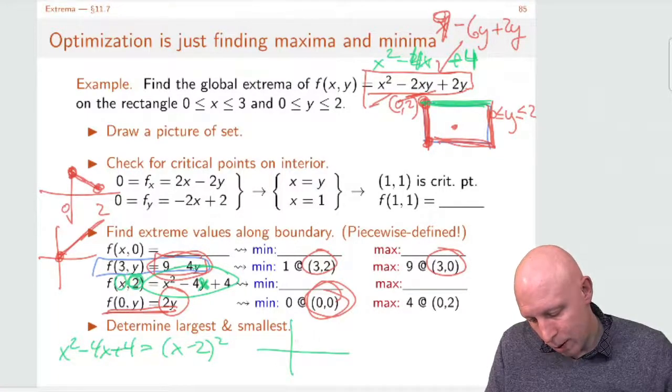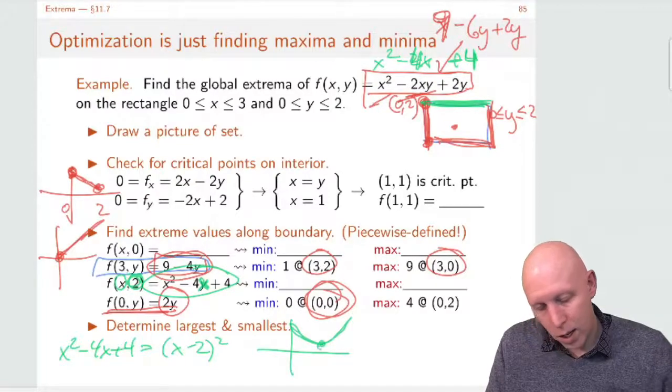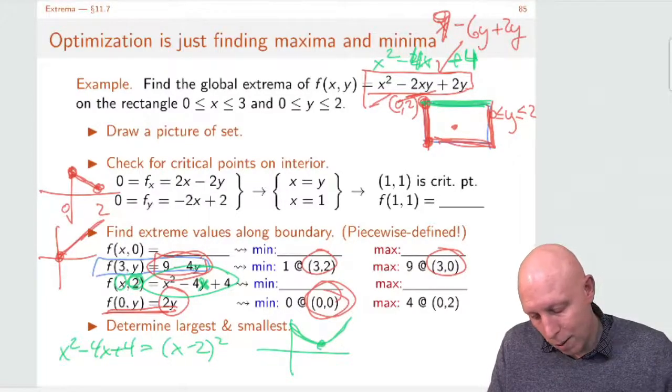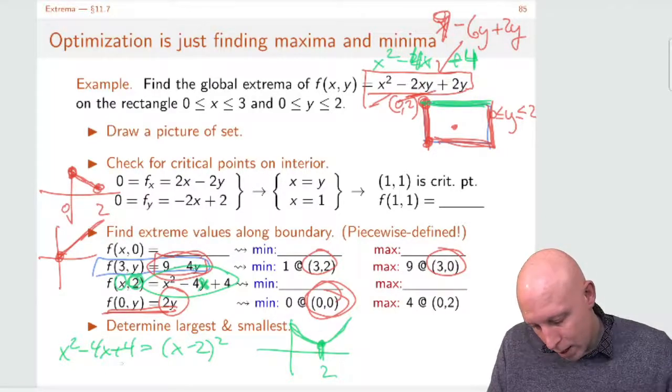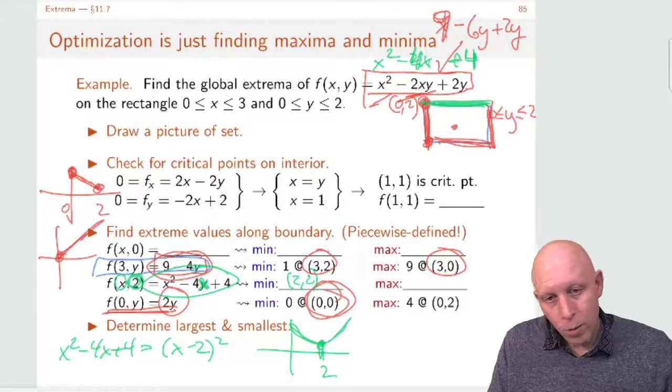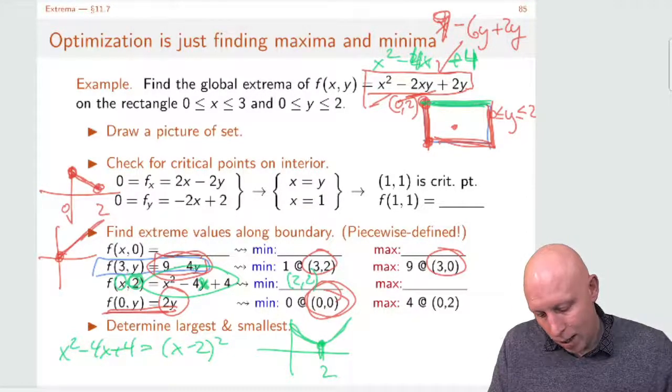So now we have a parabola, and the lowest point on this parabola happens at x equals 2. So at the point (2, 2), we have a minimum, and then we have to check the 2 boundaries as well. So we'll put those in our list: (0, 2) and (3, 2).